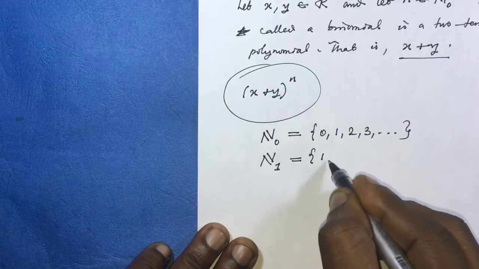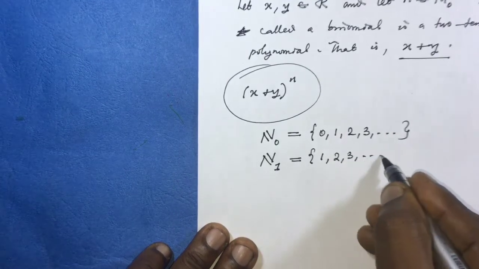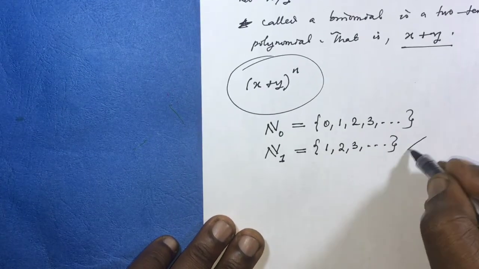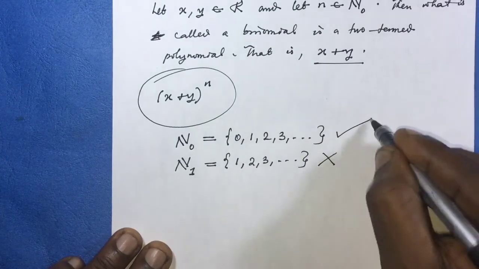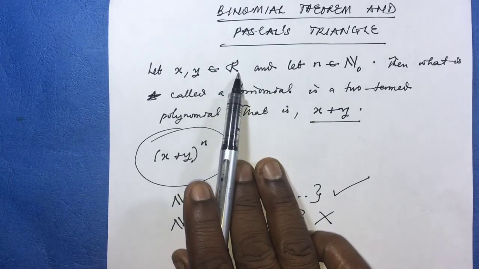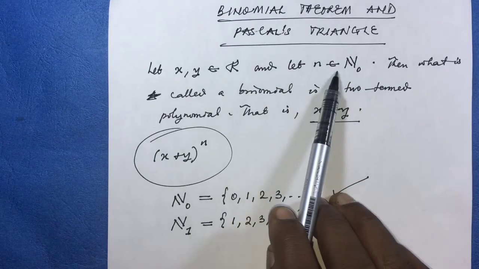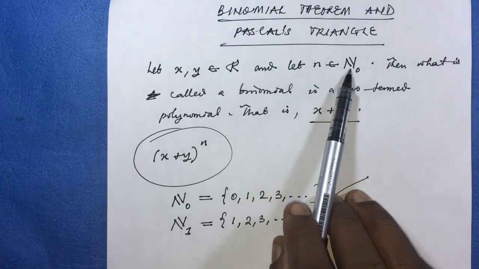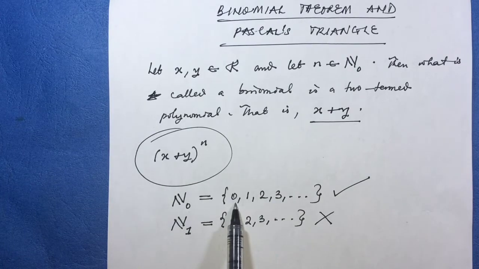So that natural number system begins with 1. Okay? So note that I have not used this in my description. Rather, I have used this. So when we say x and y are members of the real number system, meaning that they are real numbers, we are saying that n must be from this type of natural number system where, of course, 0 is among.